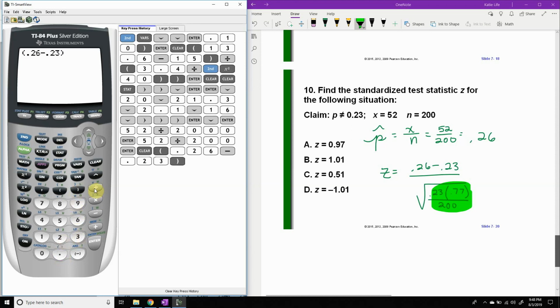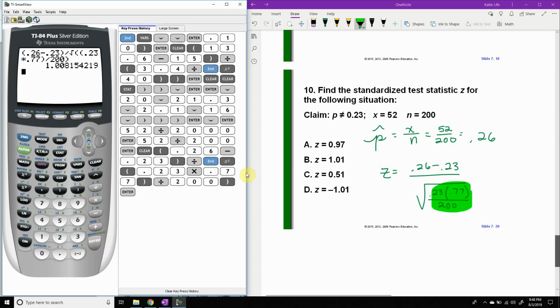Close that difference, so that subtraction is going to stay in the numerator. Divide it by the square root of, now I'm going to open another set of parentheses because I want the product 0.23 times 0.77 to stay in the numerator. Close that set of parentheses, divided by 200, and then I want to close the radical symbol.